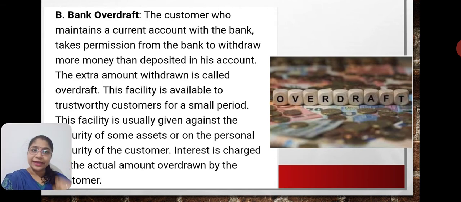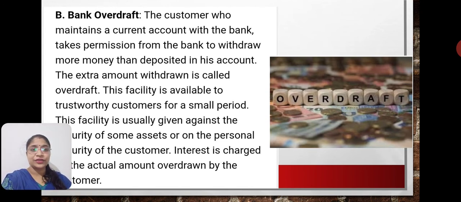So the current account holder takes permission from the bank to withdraw more money than the deposit. The extra money which is withdrawn is called an overdraft. This facility is available only to trustworthy customers for a smaller period. So I have to give this money back to them. And this facility is given against the security of some assets.